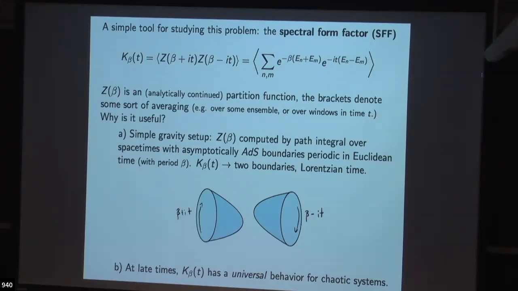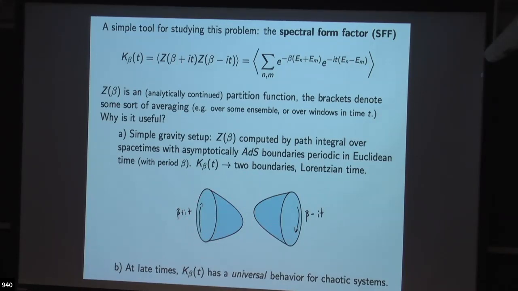Z(β) is computed by a path integral with an asymptotically AdS boundary, periodic in Euclidean time. K(β) is just two partition functions, so we have two asymptotic boundaries, but now they have some partially Lorentzian boundary time as well. So it's a pretty simple thing to set up in the gravity path integral, just a sum over geometries with these two boundaries.